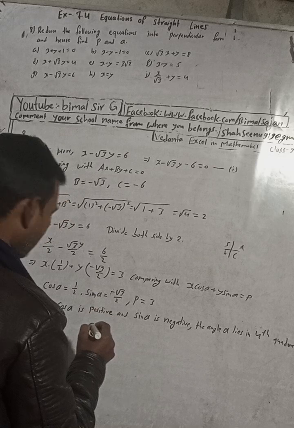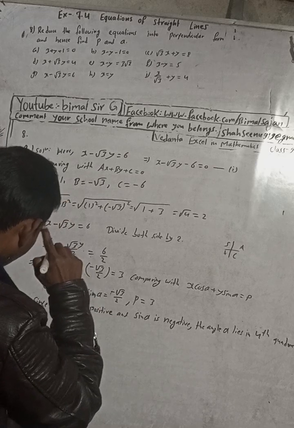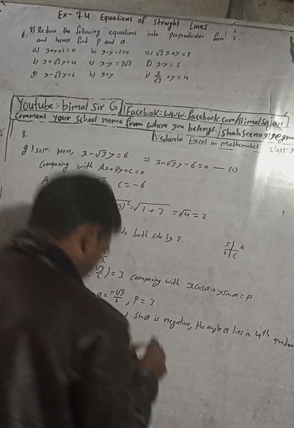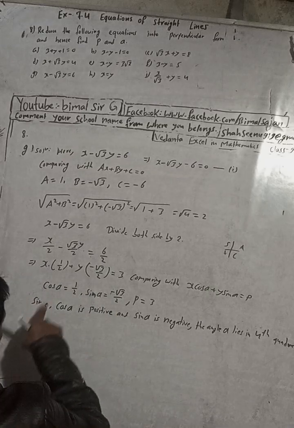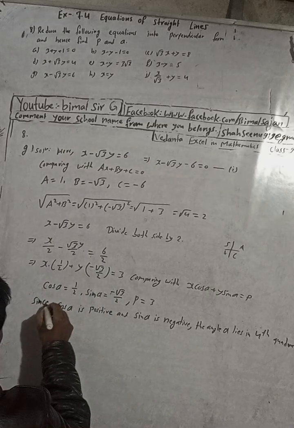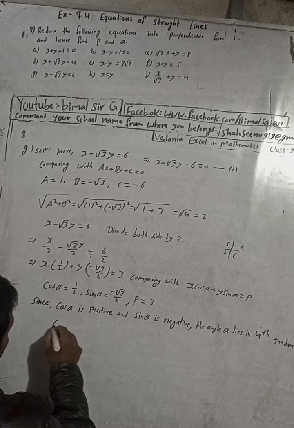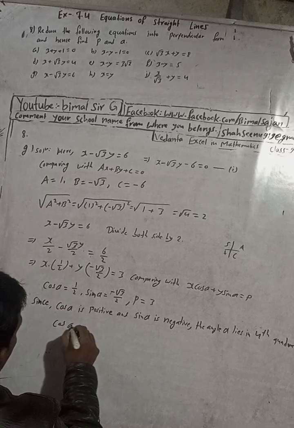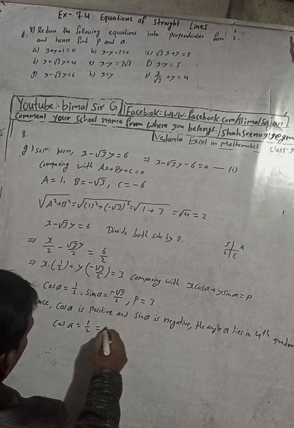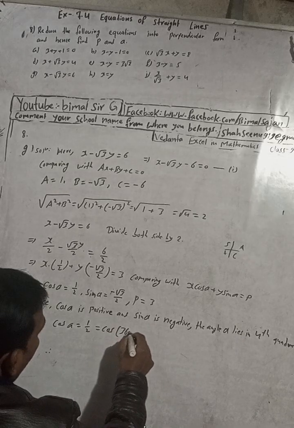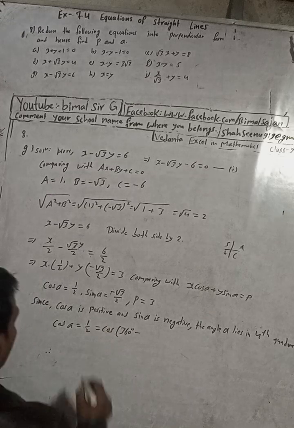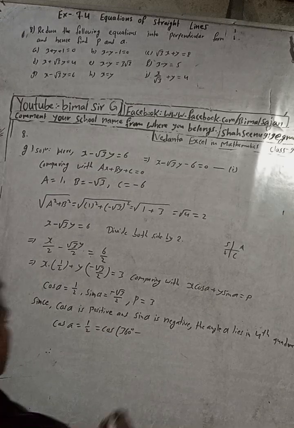Now I can solve this. Now we can write cos alpha is equal to 1 by 2. This can be written as cos 360 degree minus, and 1 by 2 is the value for how much? 60 degree. So write here 60 degree.